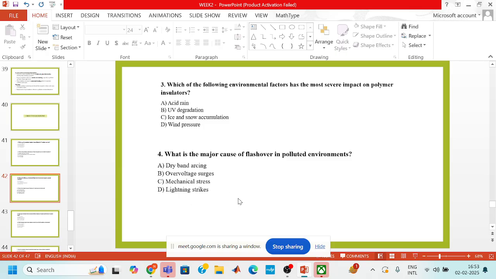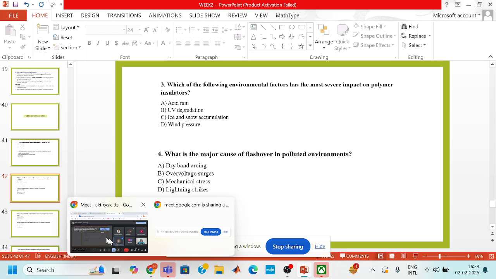So the fourth question is, what is the major cause of flashover in polluted environments? Major cause of flashover. Dry band arcing.